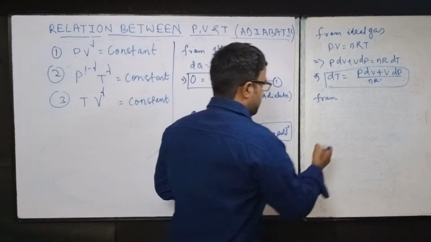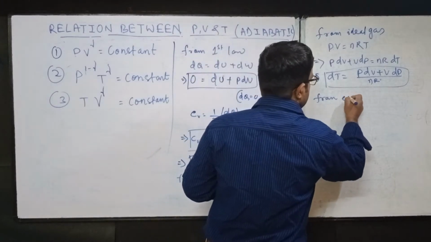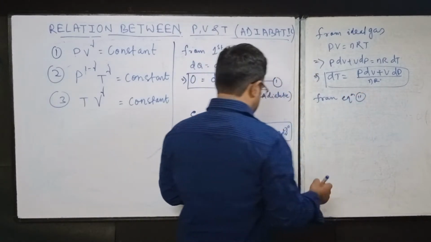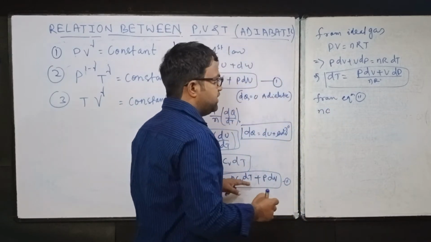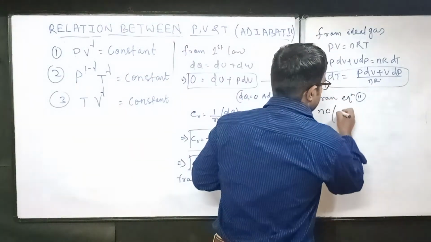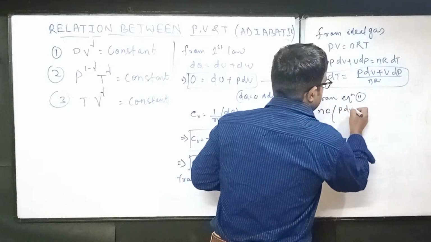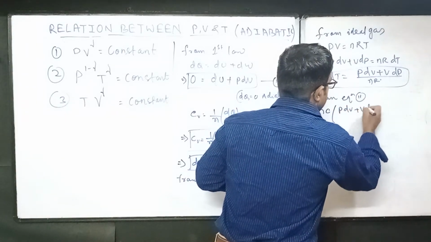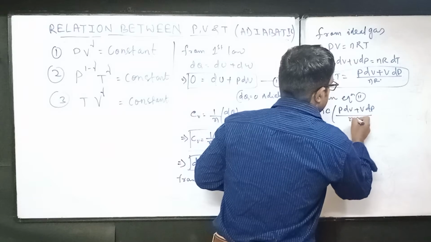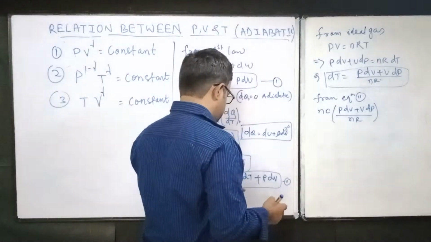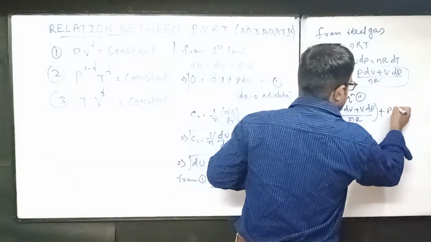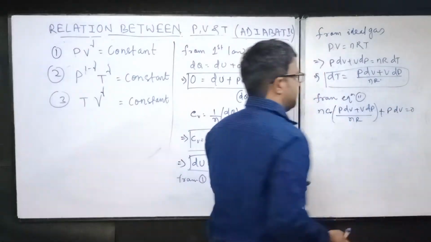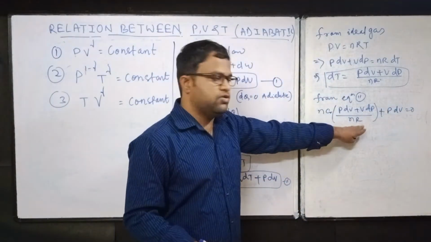So from equation number 2 we can write nCv and the dT, I'll replace it. So this is (PdV + VdP) by nR. This is nCv times that plus PdV equal to 0. Equation 2 is now converted to this one.